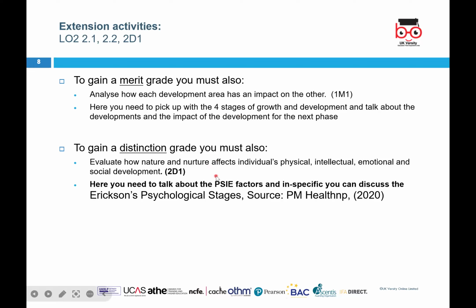However, you would want to evaluate how nature and nurture affect individuals' physical, intellectual, emotional, and social development. Here you need to talk about all the psychological, social, intellectual, and emotional factors. And in specific, you can discuss Erikson's psychological stages.